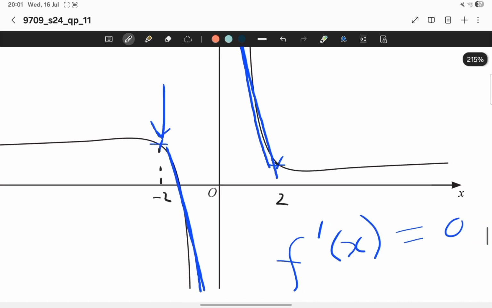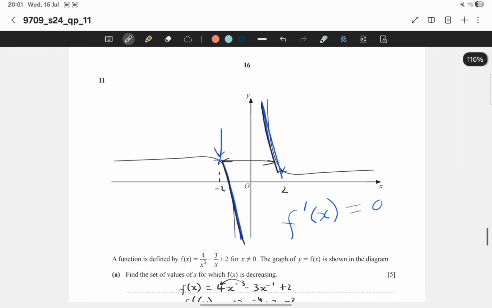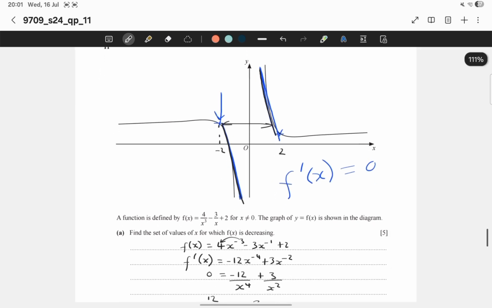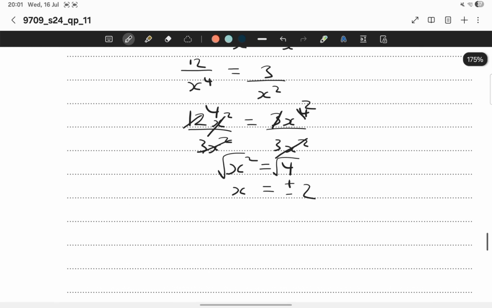Going from minus 2 through to 2, we have these parts of the curve slanting towards the left. So we can say the function f of x is decreasing from x equals minus 2 to x equals 2.